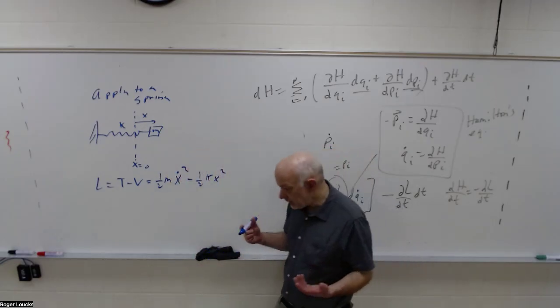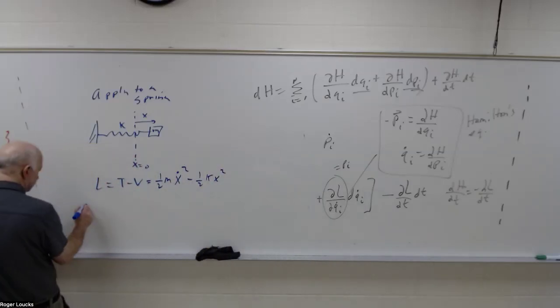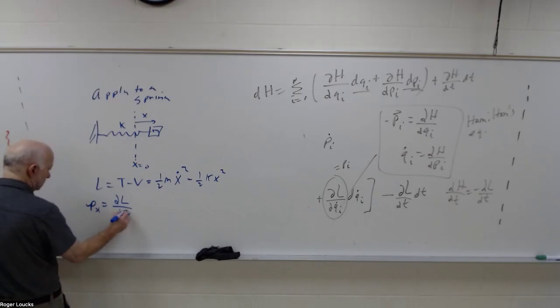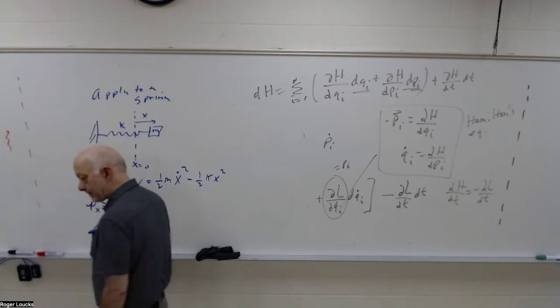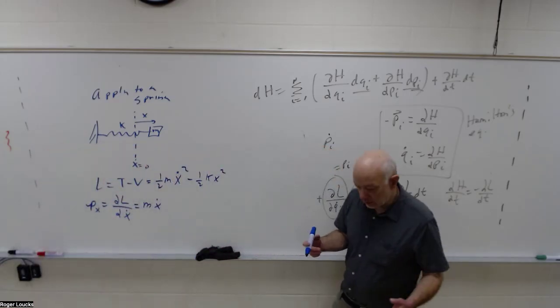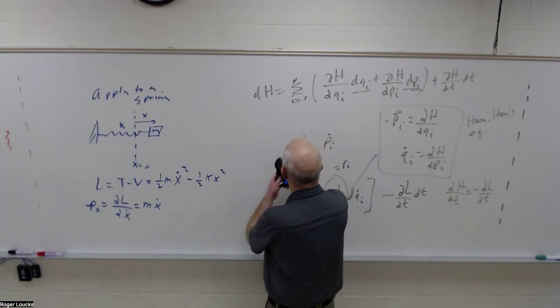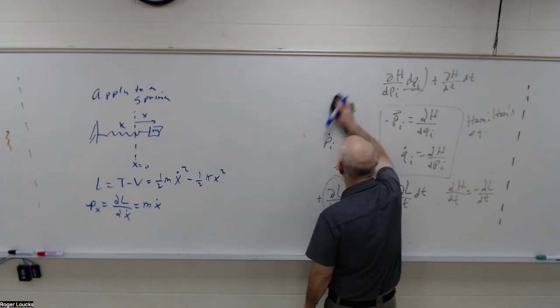We calculated our px. This is partial L with respect to x dot, and this is your m x dot. Then we wanted to construct the Hamiltonian, so we go back to the original expression.